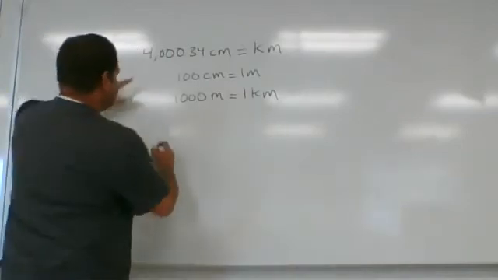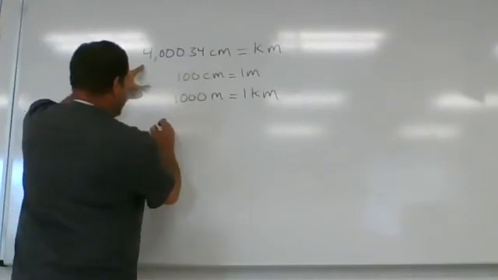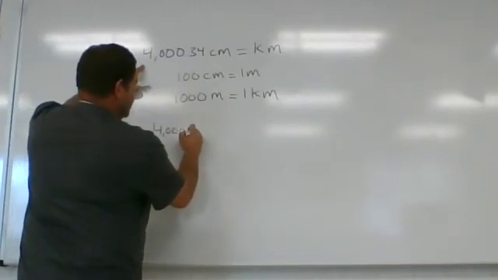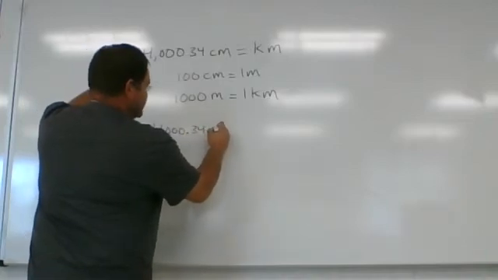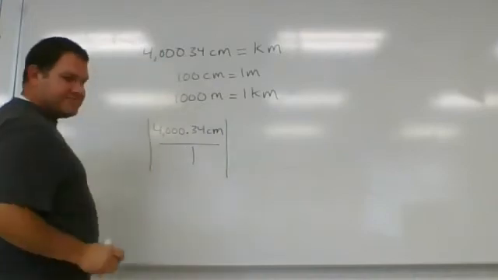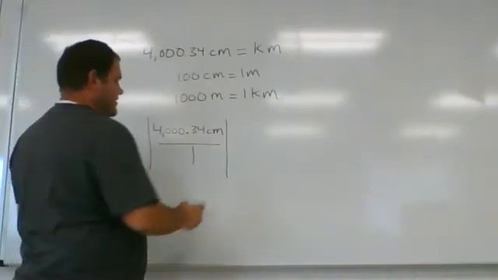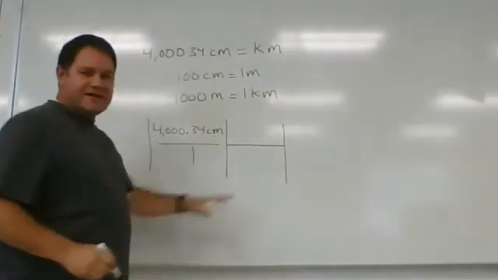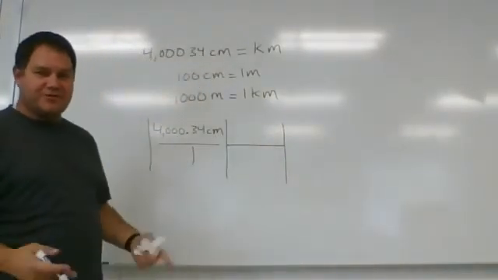Okay, so I'm going to take, again, like normal, my original value of 4,000.34 centimeters over 1, put my brackets or my posts, and then I'm going to put my conversion factor post. That's normal.